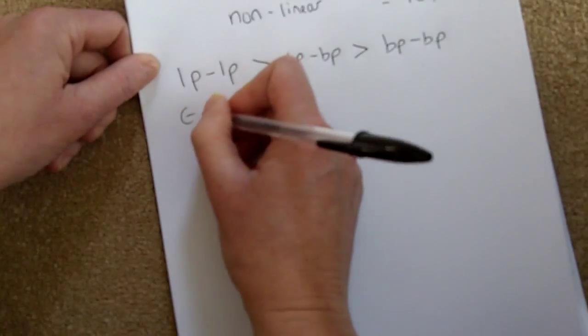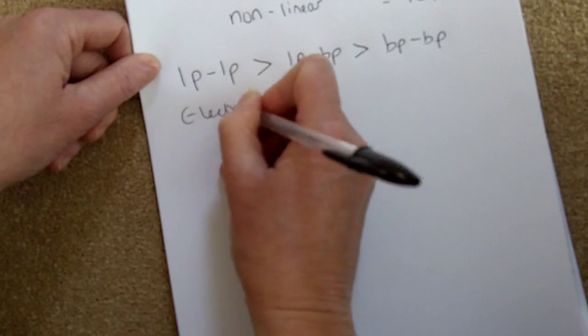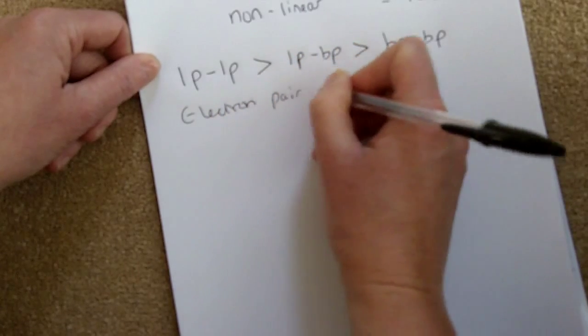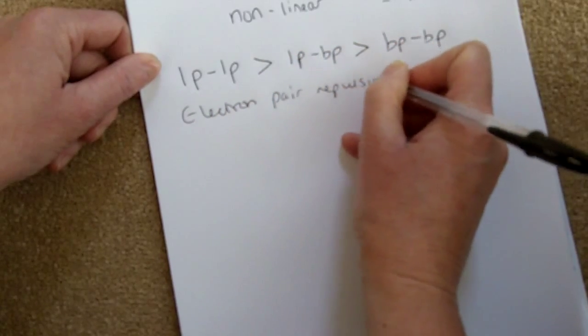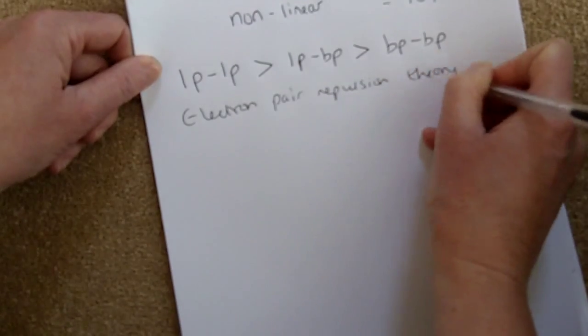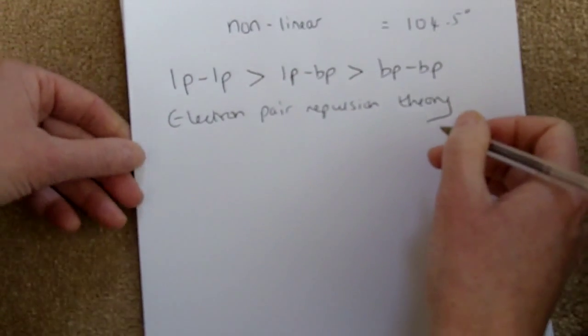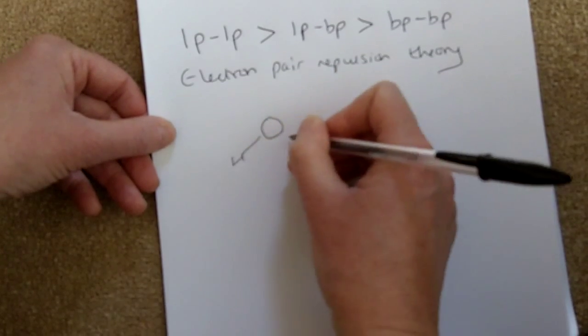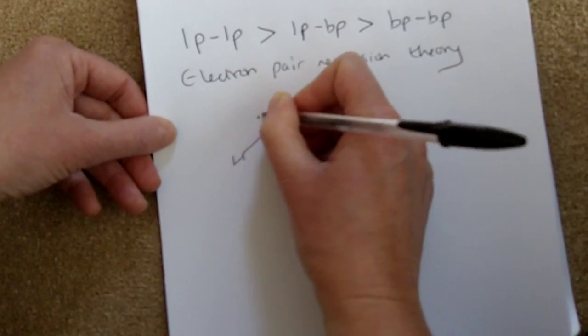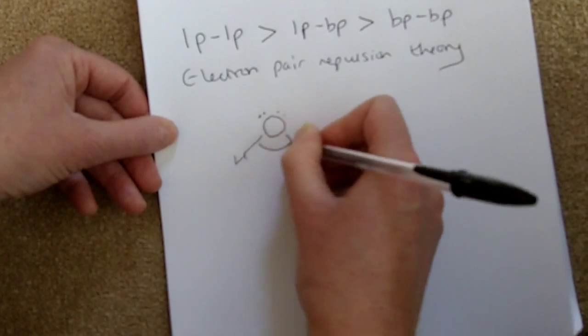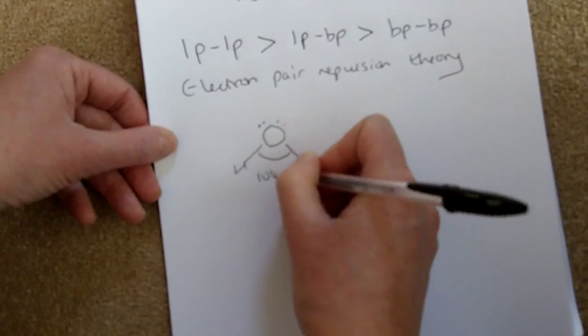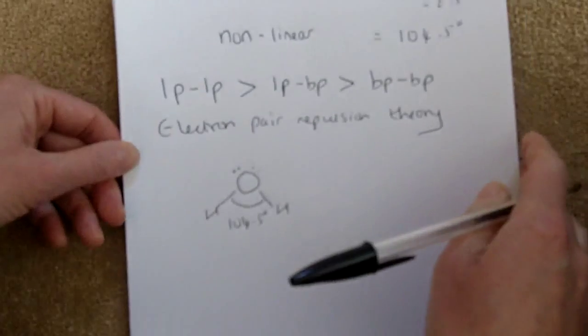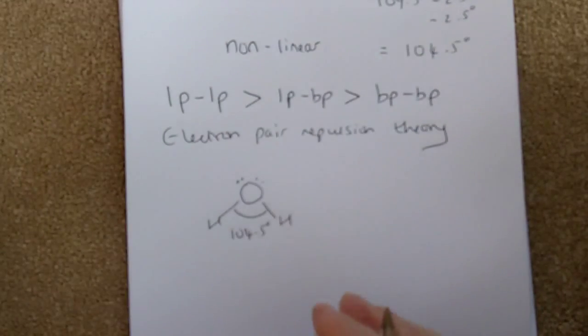It's called the electron pair repulsion theory. Okay, so water has the shape, it is non-linear, it has 2 lone pairs, it has a bond angle of 104.5 degrees, and it's called non-linear.